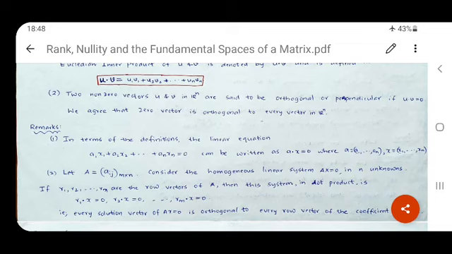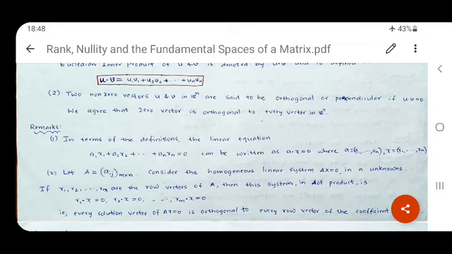Then let us consider the homogeneous linear system Ax equal to 0 in n unknowns. So that will be the first row of A times x1, x2, etc. xn equal to 0, and the second equation will be the second row of A times x1, x2, etc. xn equal to 0, etc., the mth row of A times x1, x2, etc. xn equal to 0.